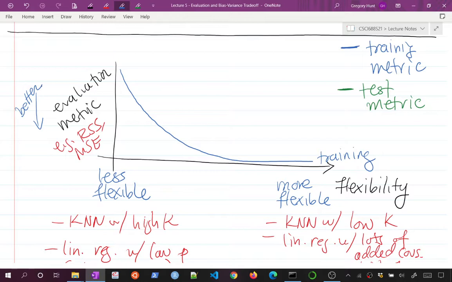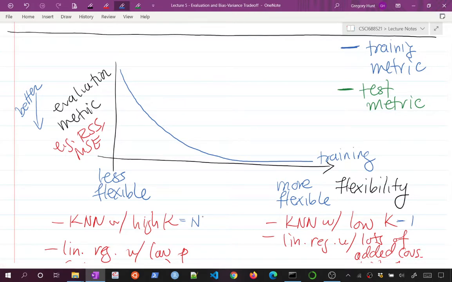And why that's going to happen is that I'm basically going to really start overfitting my data. For example, I'm going to have k equal to 1 here and k equal to n on the left. Eventually, for k equal to n, that will hit 0.